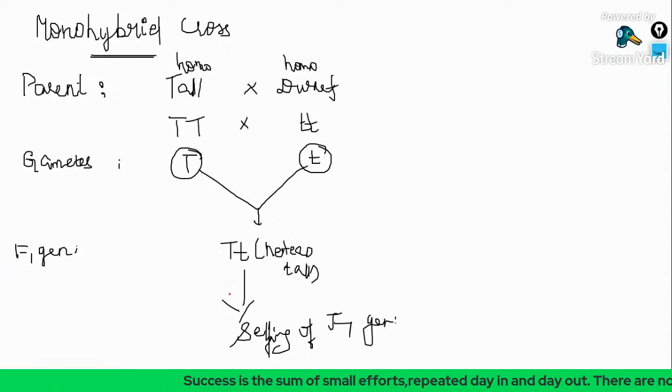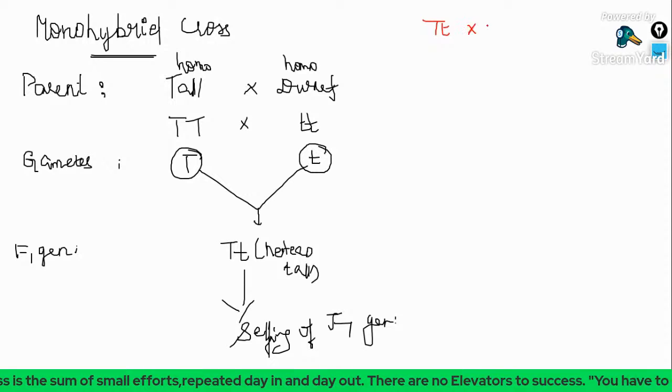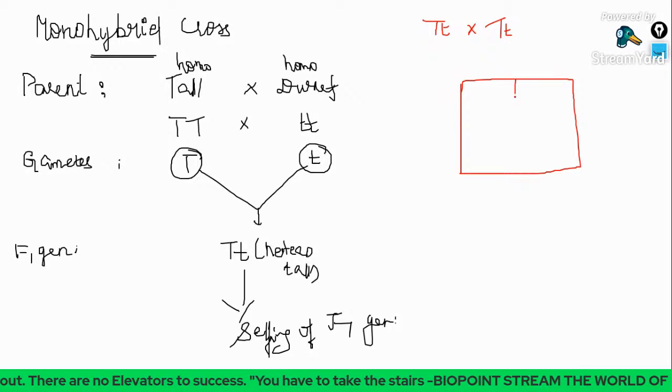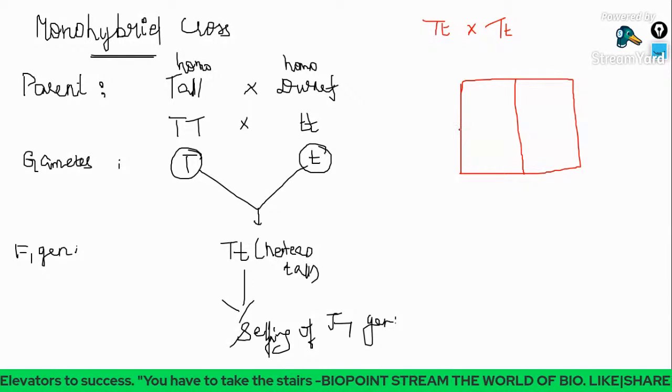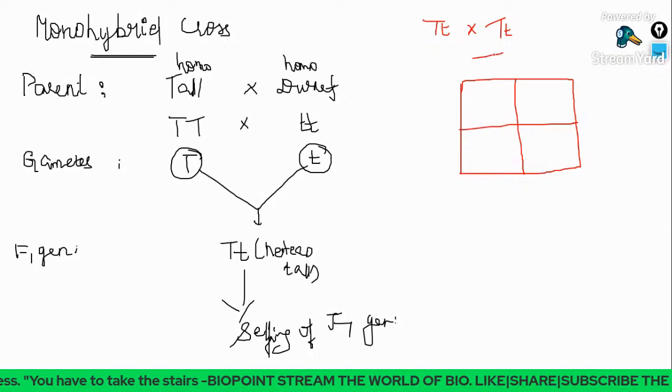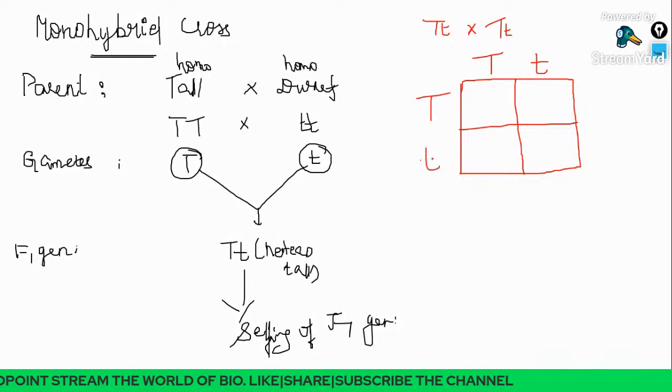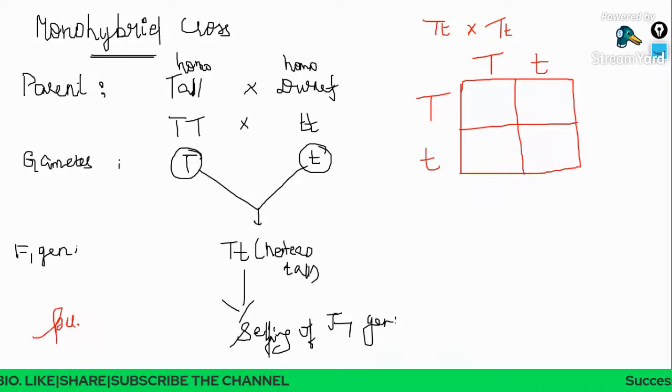Then you self-pollinate: selfing of the F1 generation, that is, capital T small t crossed with capital T small t. This is explained with the help of the Punnett square, which was proposed by Reginald C. Punnett.